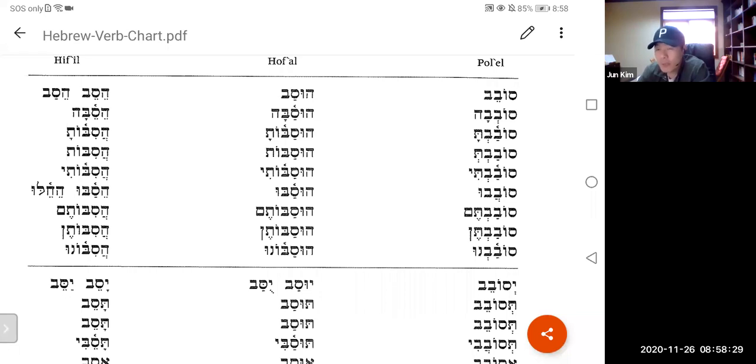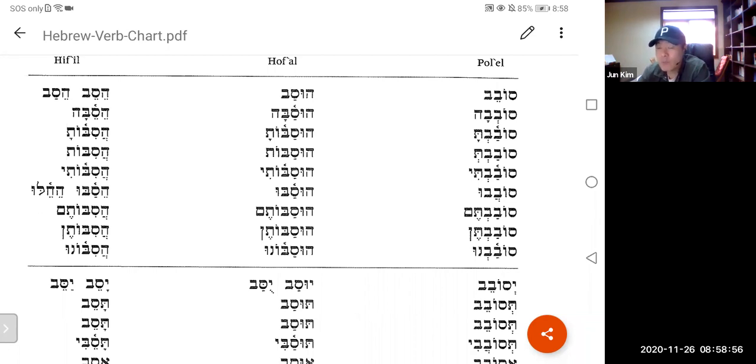If you have Polel or Pilpel, just consider it as a Piel stem. There are certain verbs that appear in the form of Polel and Pilpel, but they are like Piel in terms of function.